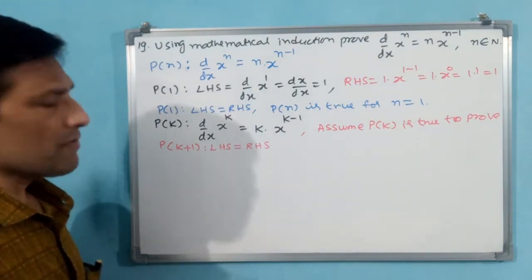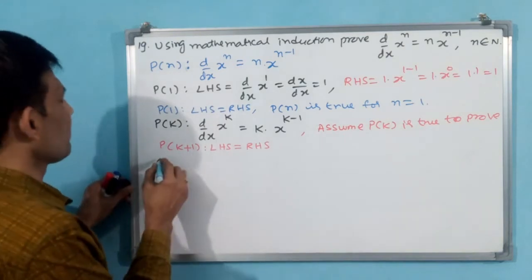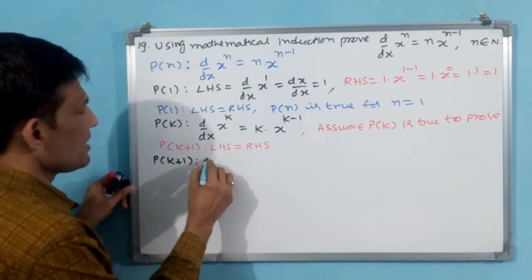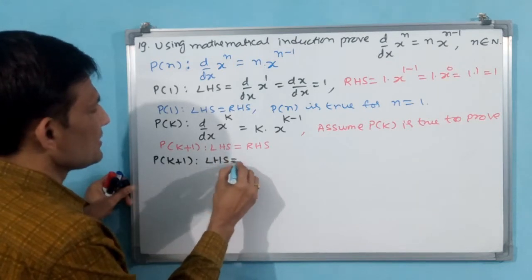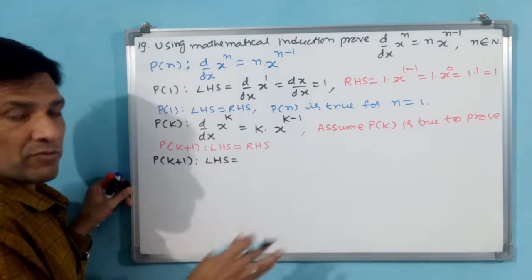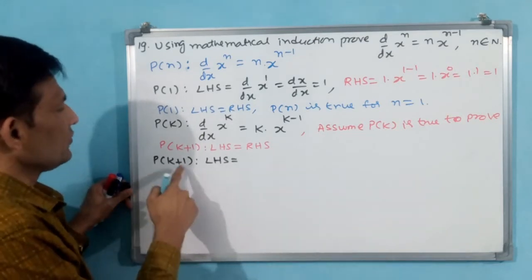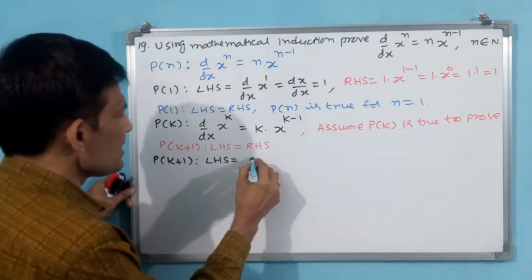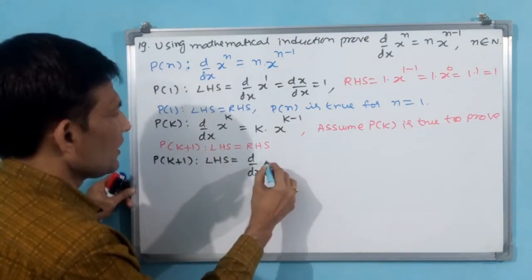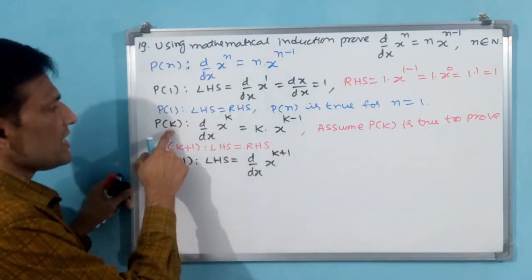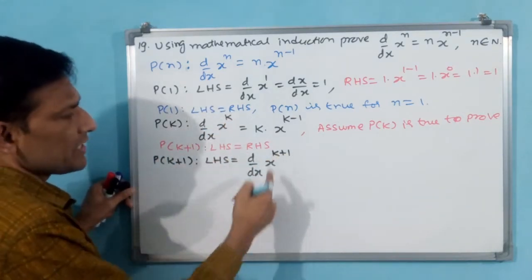I am writing now P of k plus 1. Okay, see. P of k plus 1, comma, LHS is equal to, see here we are proving, means LHS RHS separately we have to write, and I have to prove LHS. You see where k is there, k plus 1 you have to write down, d by dx of x power k plus 1. See, when k is there k, when k plus 1 is there k plus 1.